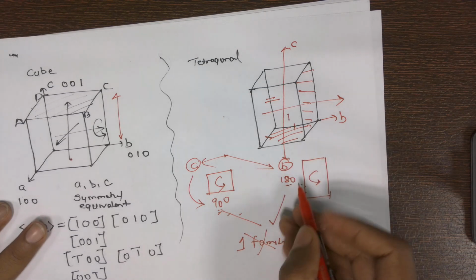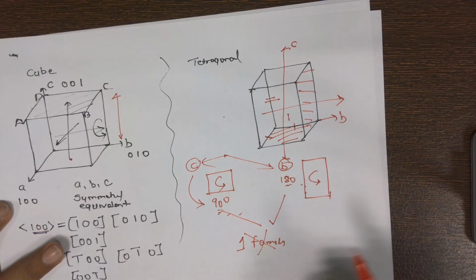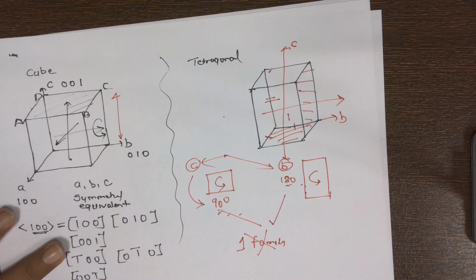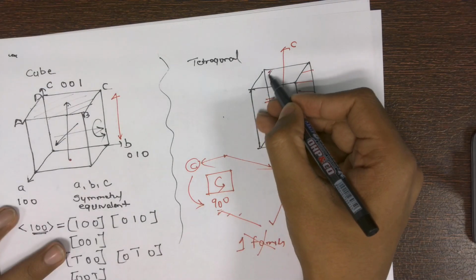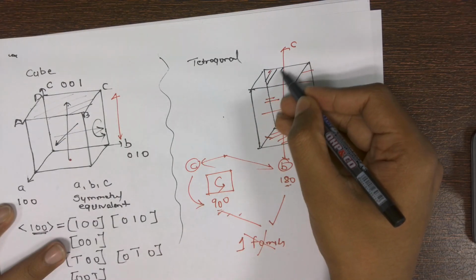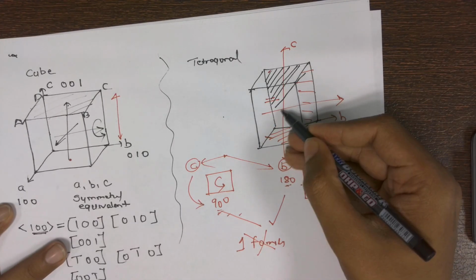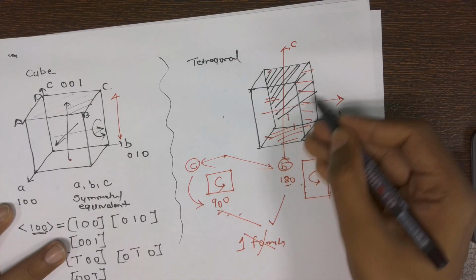This B will tell who else is making the same family as me. For example, now let's talk about this particular face, the back face. Any idea whether it's making a square or a rectangle?